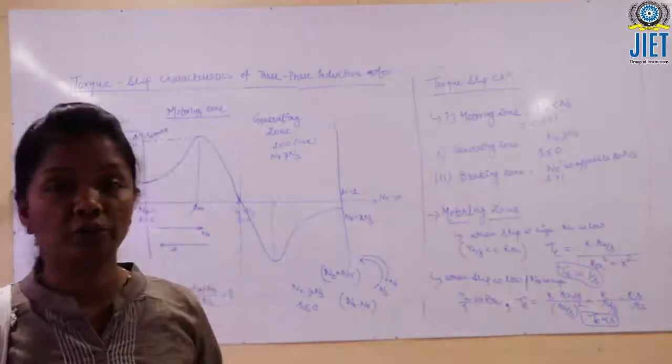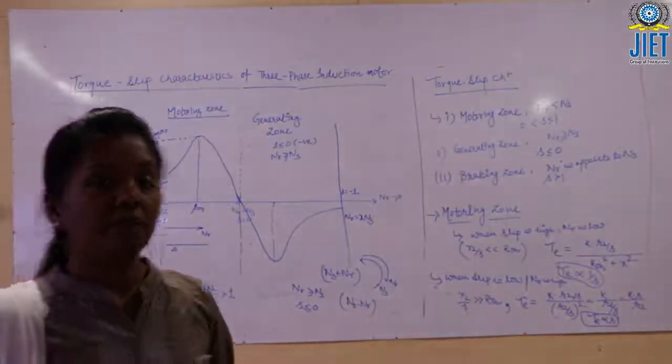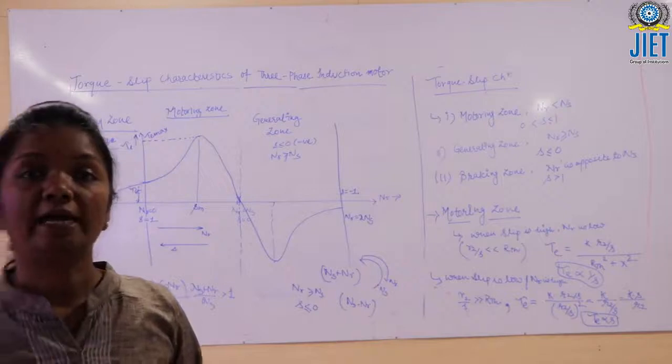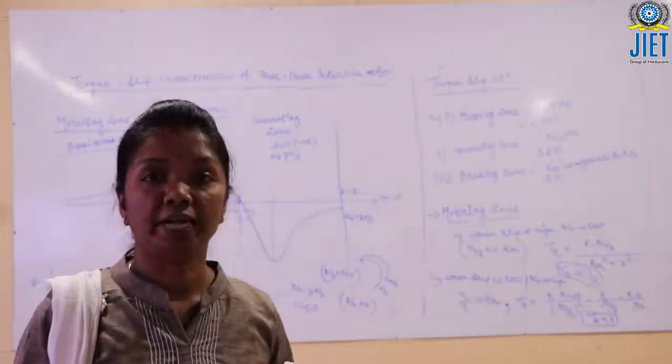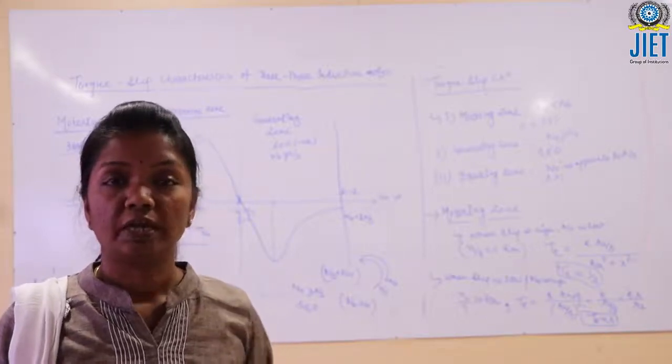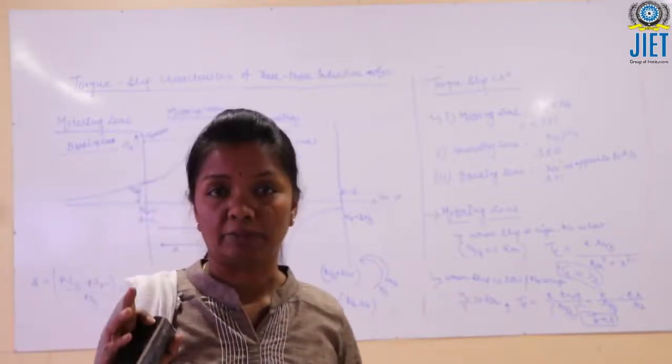So what we have done so far, I am just summarizing. We have done the torque slip characteristics. For that matter, first we derived the detailed expression of torque in terms of equivalent circuit parameters.